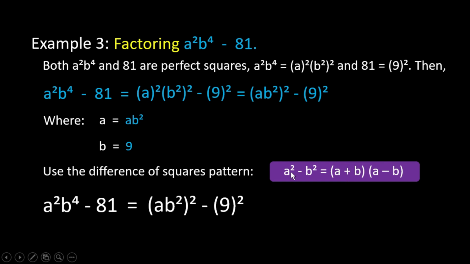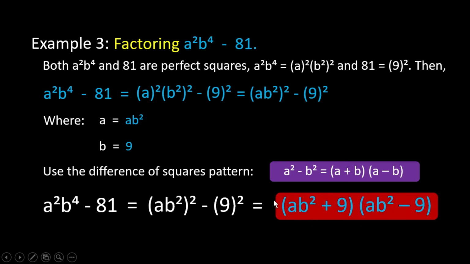So, substitute natin yung value ng a as ab squared tsaka value ng b as 9 dito sa pattern na ito para makuha natin yung factors niya. So, meron tayong una is ab squared plus 9 tsaka yung pangalawa is ab squared minus 9. So, guys, ito na ngayon yung factors ng a squared b to the 4 minus 81.